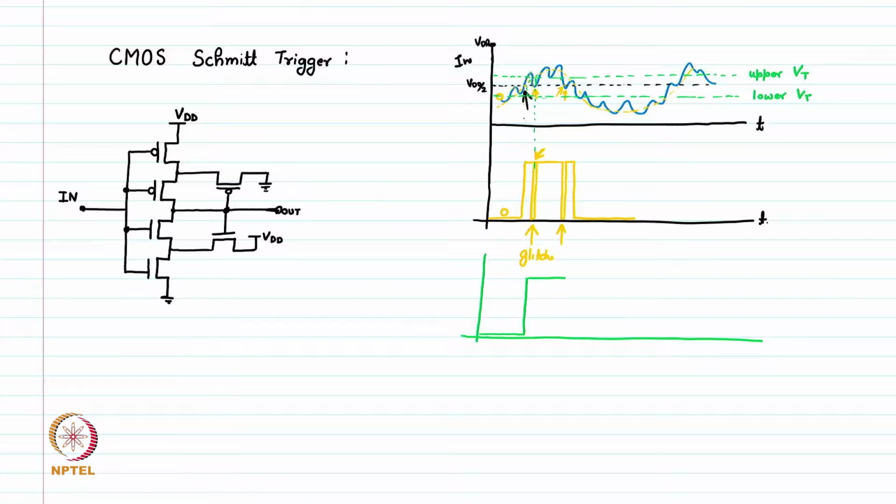At this point where the lower Vt is reached by this blue curve, the output will be detected as a low and it will remain low till this again crosses the upper Vt. So, this is like this.